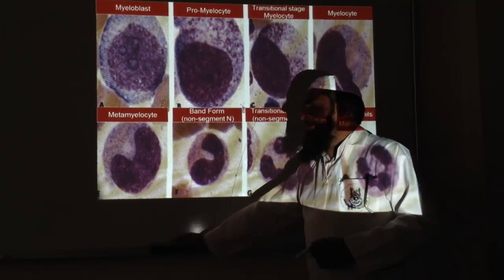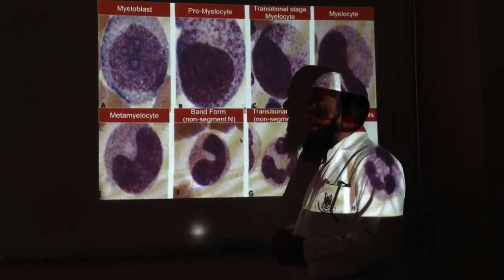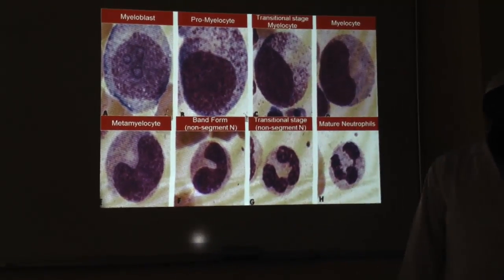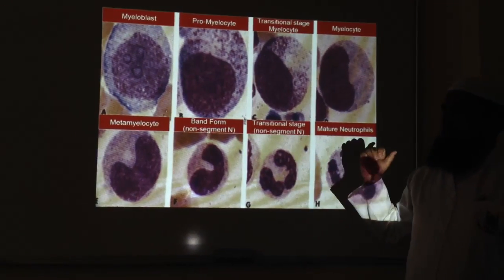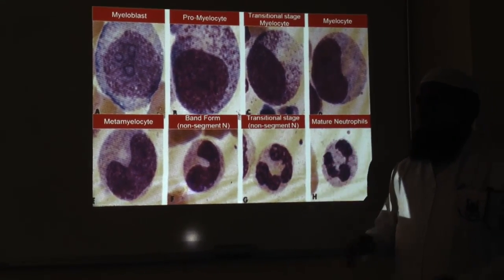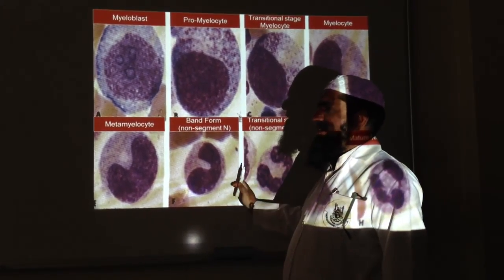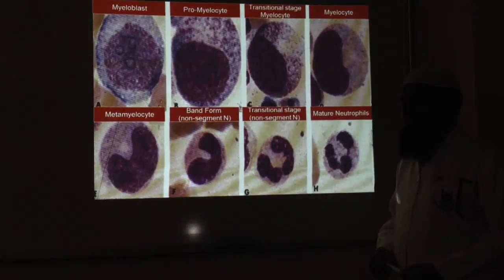Sometimes, after some severe infection, this barrier is a bit loose, and some of these immature cells, band forms and metamyelocytes, will come into the peripheral blood. This is known as shift to the left. Just for your easy understanding, the barrier was here, and it is shifted here.